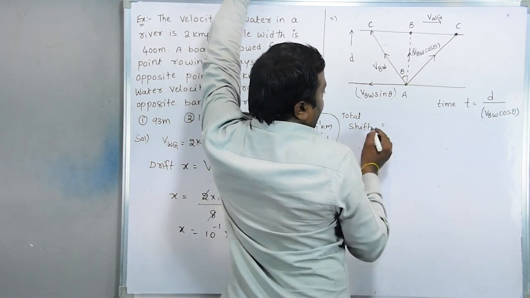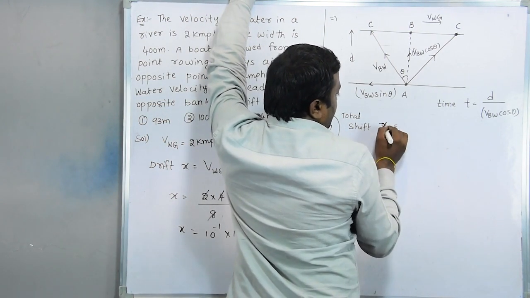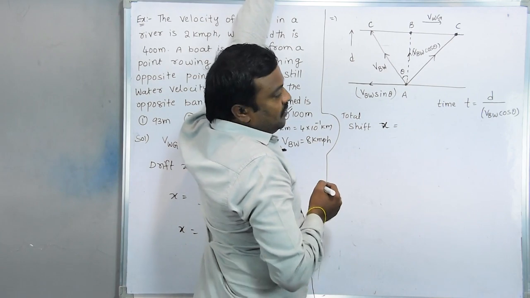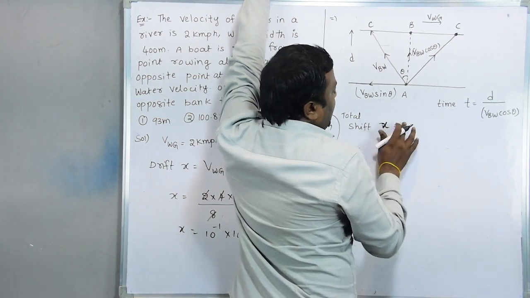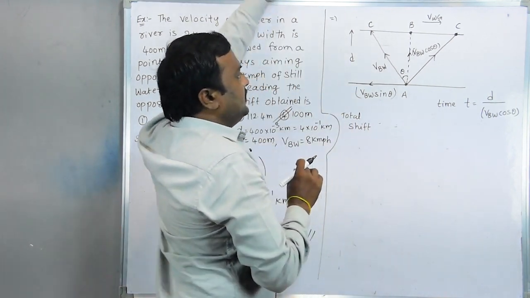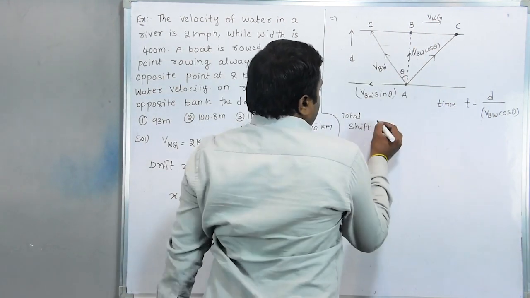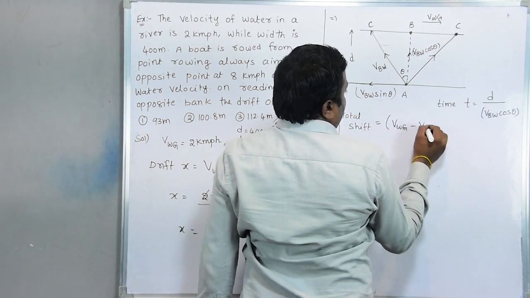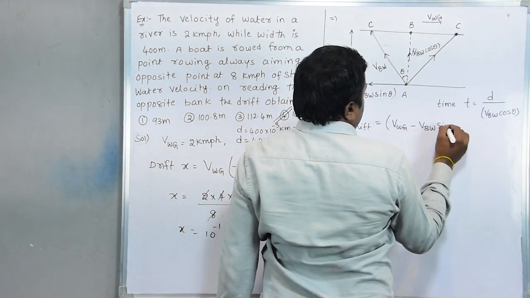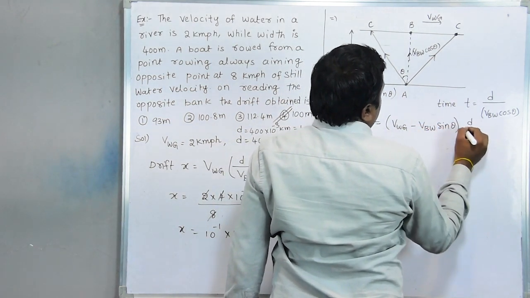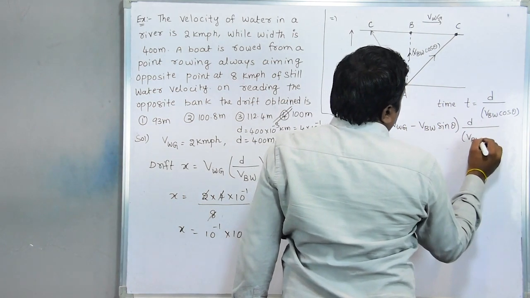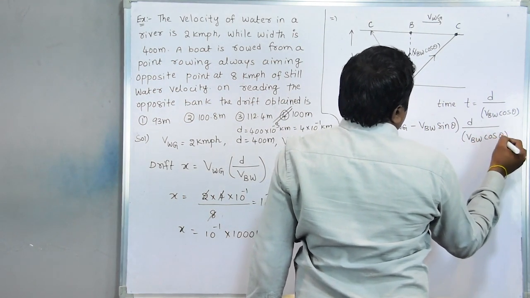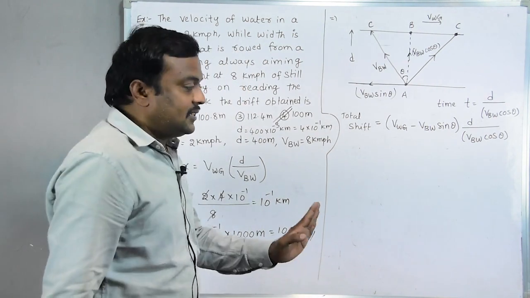Then total shift X is equal to velocity into time. Velocity means the difference of velocities: VWG minus VBW sin theta, into time, D by VBW cos theta. D by VBW cos theta is constant.